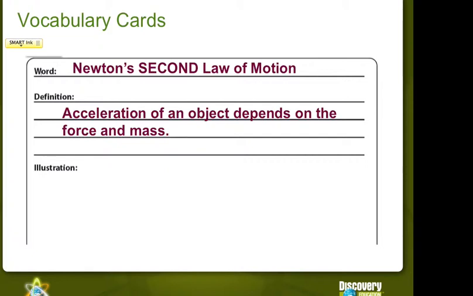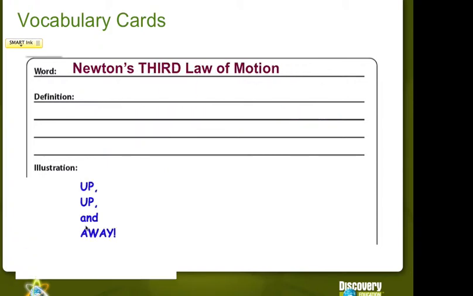Force, remember, is push or pull. And then mass. Which object would hit the ground faster if we dropped them out of the window? A brick or a feather? If you said brick, you are correct because it has more mass, and the gravitational pull, which is the force, is stronger on the brick.